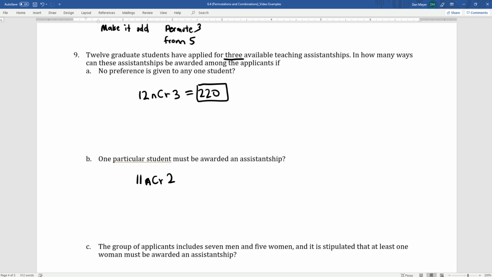One of those 12 students, we have to pick that person. For whatever reason, they're special, and so we really only have 2 assistantships to give away to the remaining 11 students. Then 11 choose 2 ends up being 55.